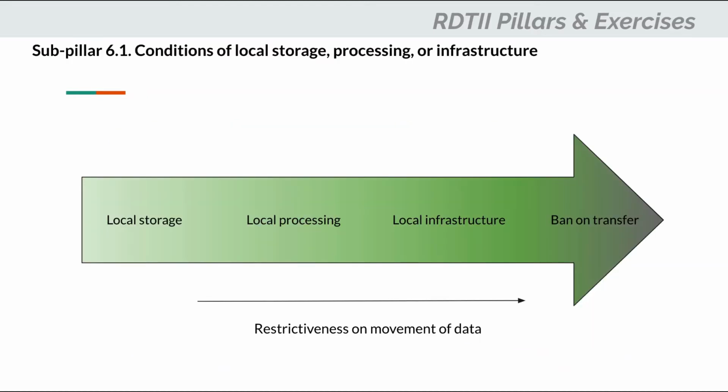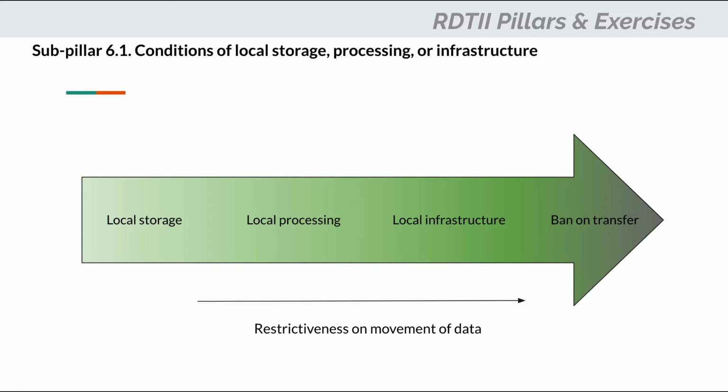Subpillar 6.1 deals with conditions of local storage, processing, or infrastructure, as well as bans on data transfers that restrict the movement of data. Local storage requirements mandate that a copy of certain data be stored within the economy.